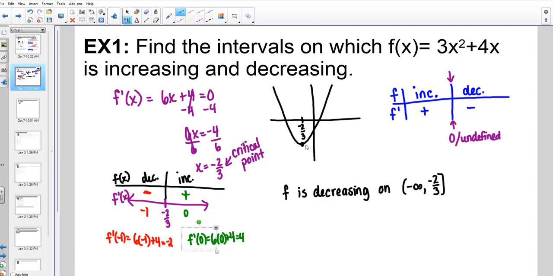So it's still decreasing there. So it's decreasing on this interval because, and you have to give a calculus explanation, f prime of x is negative, or I like to just say is less than or equal to 0 on this interval.